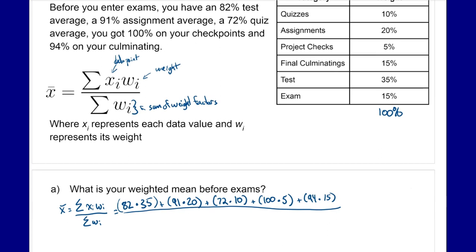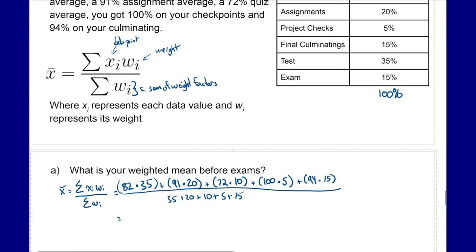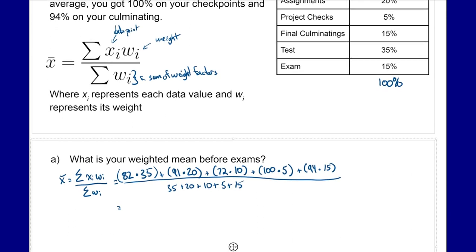In this case, it is going to be all the weight factors that we added up. So 35 plus 20 plus 10 plus 5 plus 15, or we can say it's 85, because again, that is all the weights except for the exam, and all the weights should add up to 100 in this case. Give me a second to calculate this.